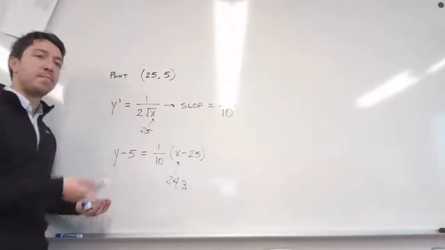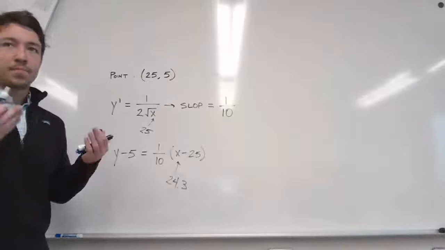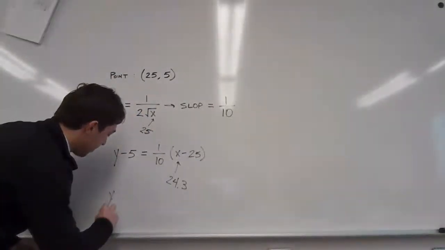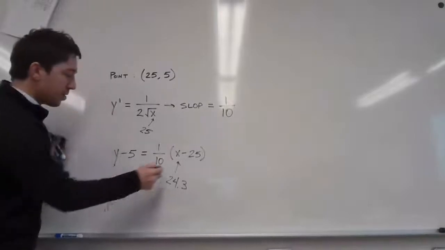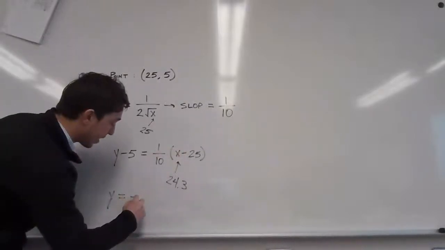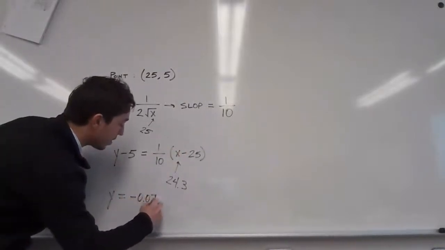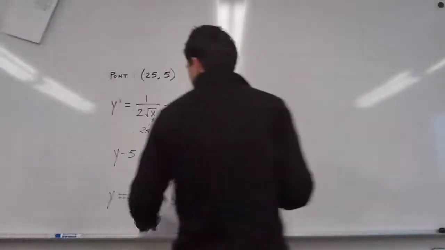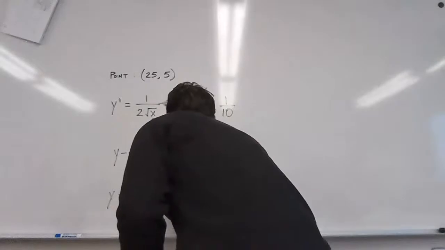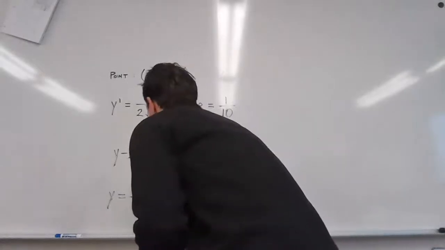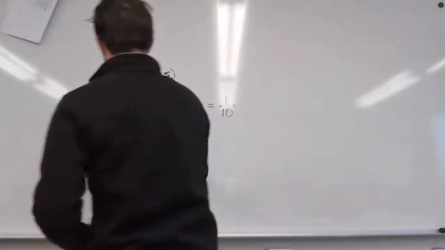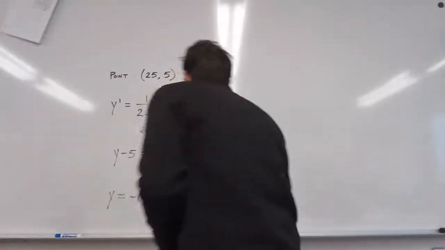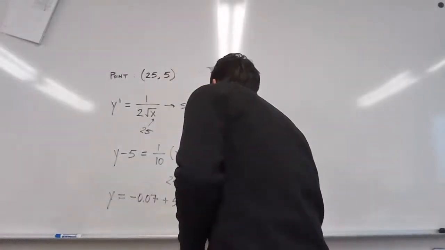So what's a tenth of 0.7? 0.07. So this is gonna end up being negative 0.07, and then add that 5 over. So take 7 pennies away from $5, and you get $4.93.